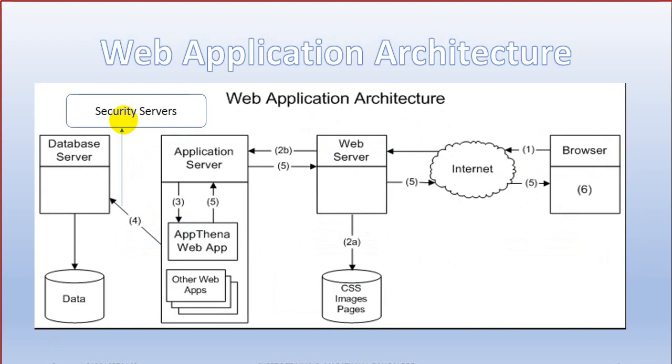Let's say, for example, Access Bank or whatever banking application. If any one of the servers fails, let's say the database server, application server, web server, or a security server.